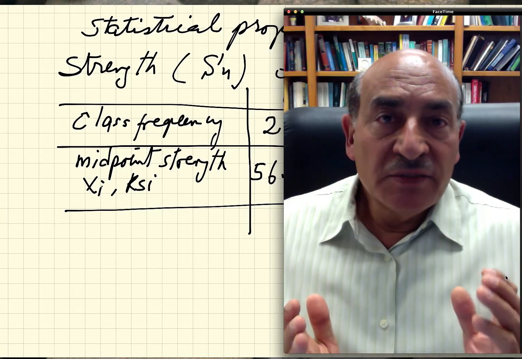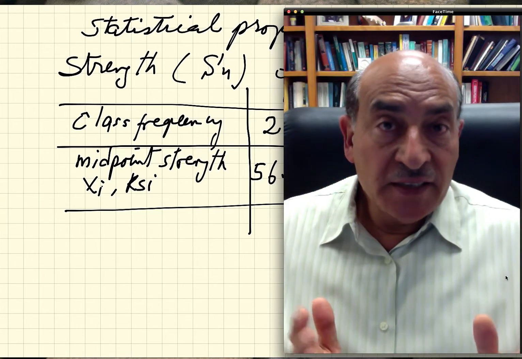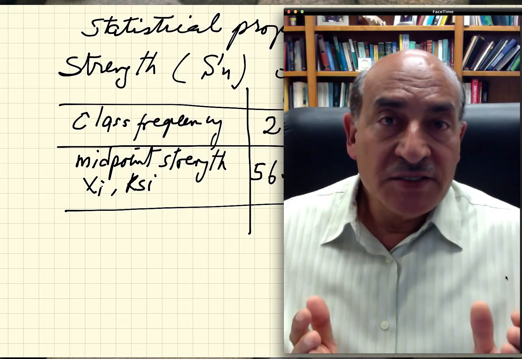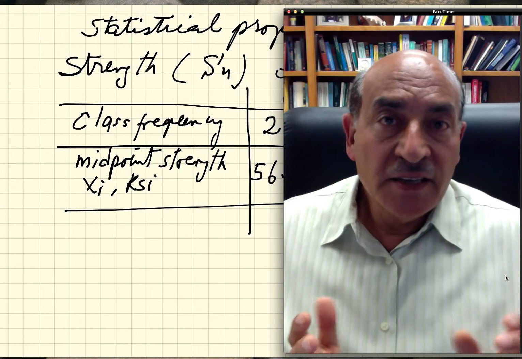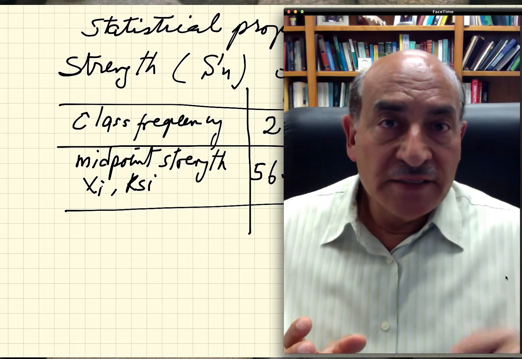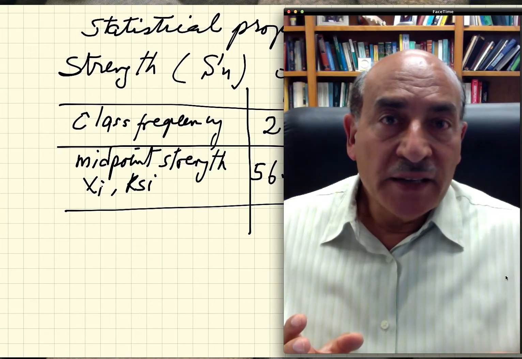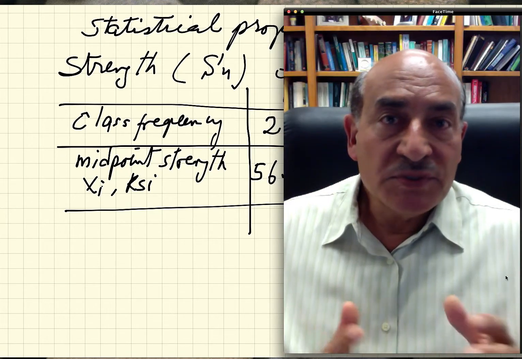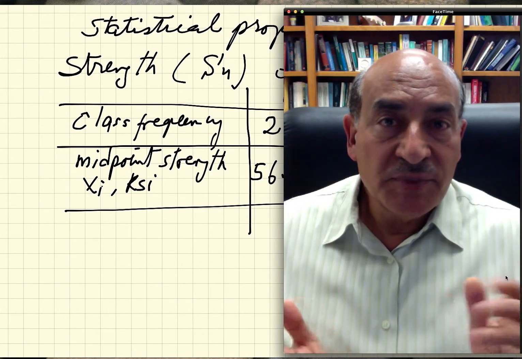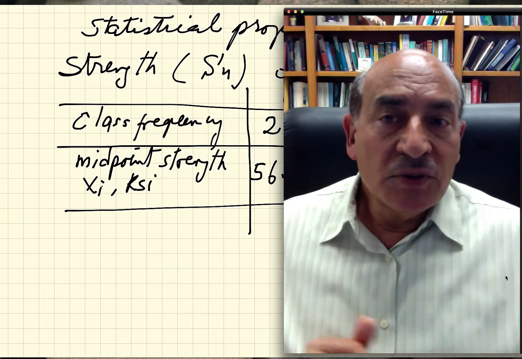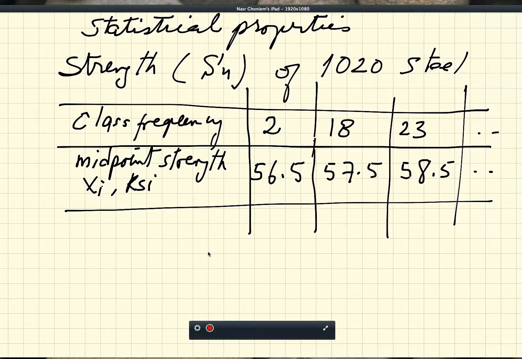Between 57 and 59 is another bin. Anything that has strength between 57 and 59, I'll tally those, and I find the number of samples that have strength in that range. A bin is a range. Then I will form a table, and the table is going to look like this.